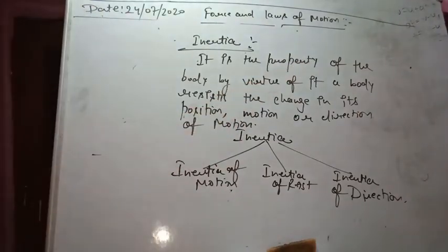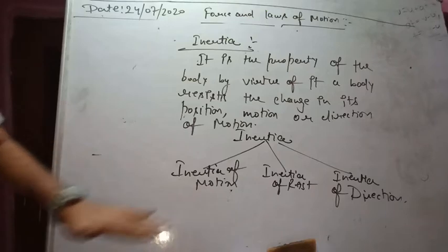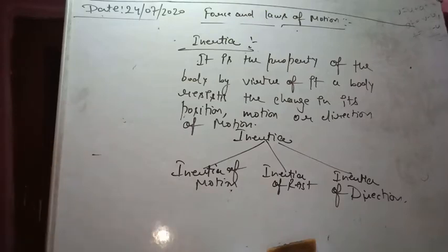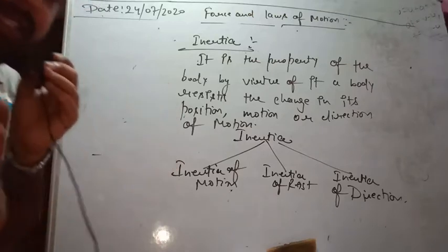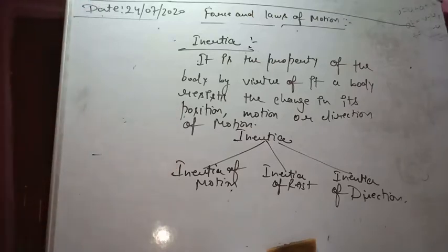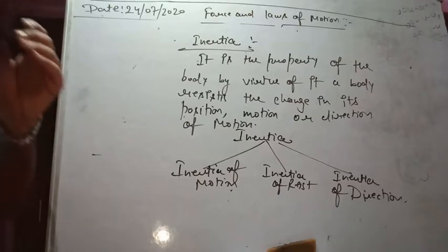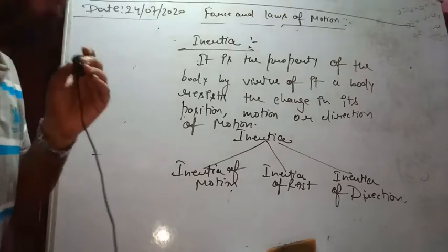Why in the forward direction? Because this is the example of inertia of motion. Now his body wants to remain in motion. As soon as the driver applies the brake, because the lower portion of Manthan is totally connected with the seat, the lower portion of the body will come to rest, but the upper portion of the body is not completely connected with the seat, so it will move in the forward direction to resist.